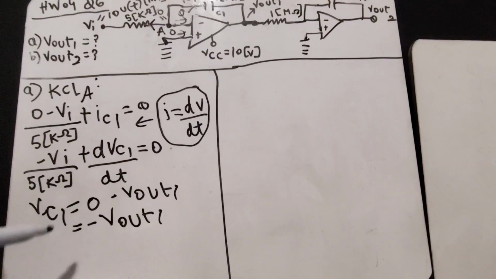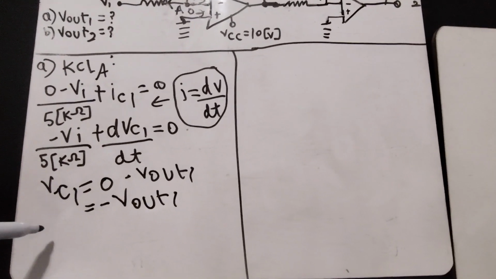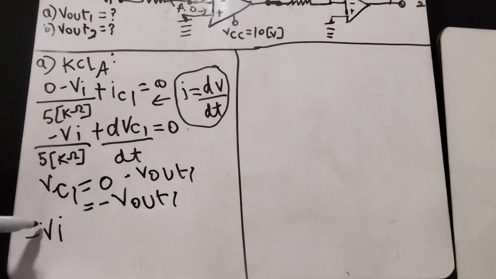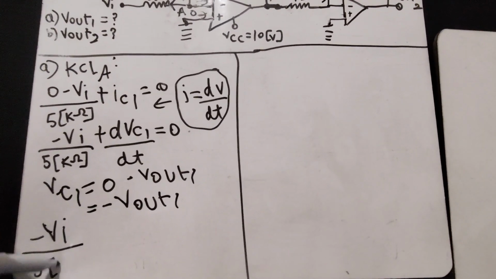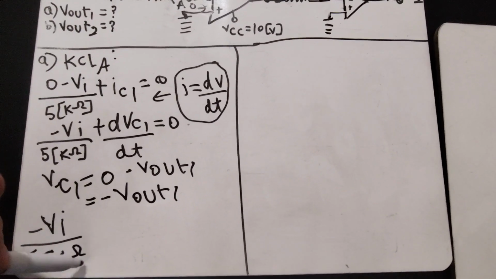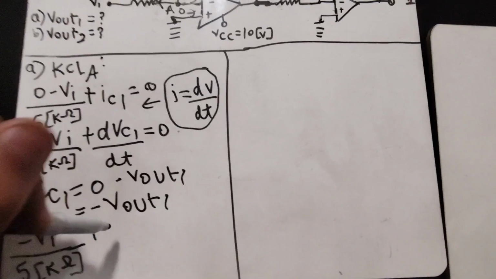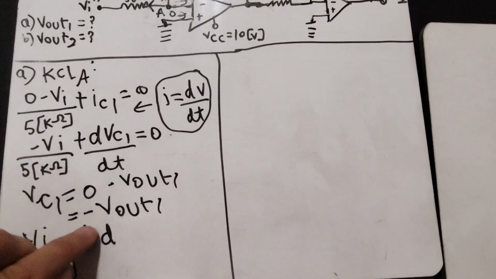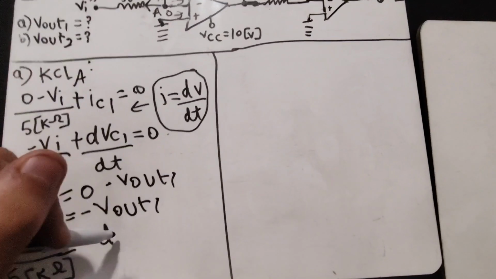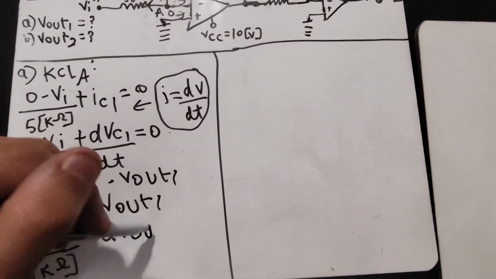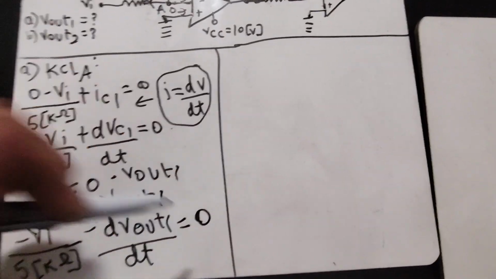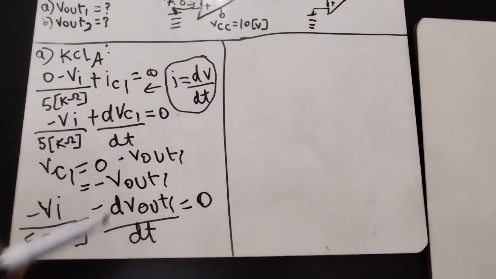We substitute that in here: negative Vi over 5 kilo ohms plus C times d of negative Vout1 over dt equals 0. We can bring the negative to the front. I hope you understand this.